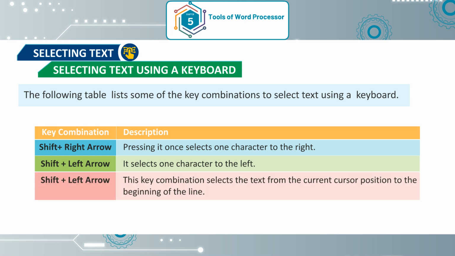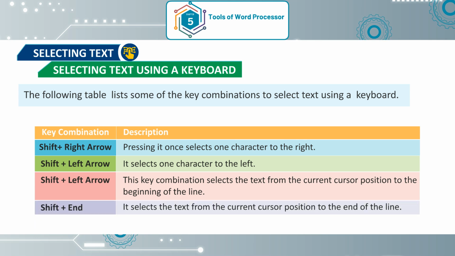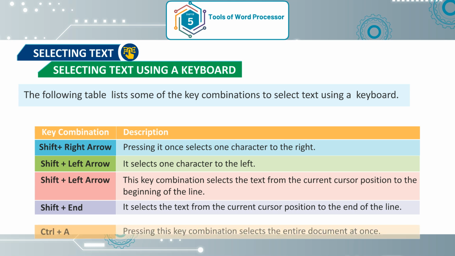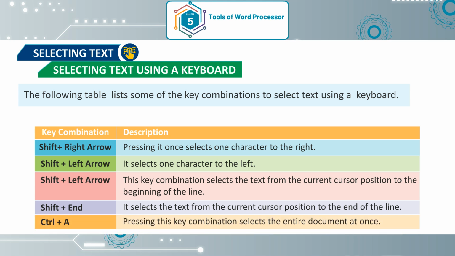Shift plus Home: this key combination selects the text from the current cursor position to the beginning of the line. Shift plus End: it selects the text from the current cursor position to the end of the line. Ctrl plus A: pressing this key combination selects the entire document at once.